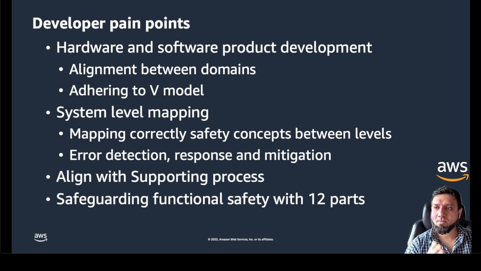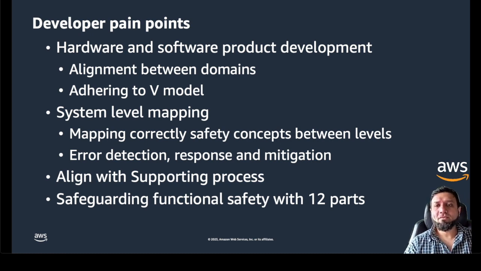This is where we're talking about error detection, response, and mitigation. And then you need to align this with the whole supporting process. This is where ISO 26262 guides us that you need to make sure you're adhering to the process as we saw earlier in part 8.